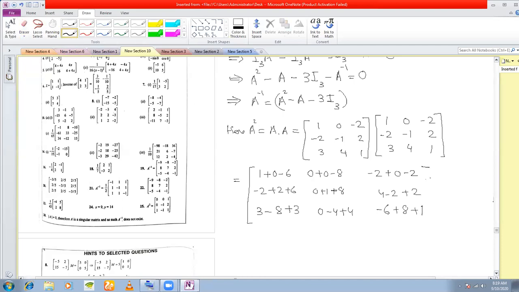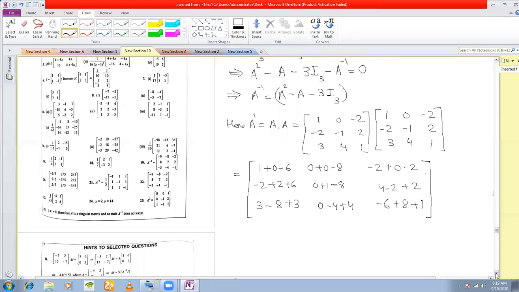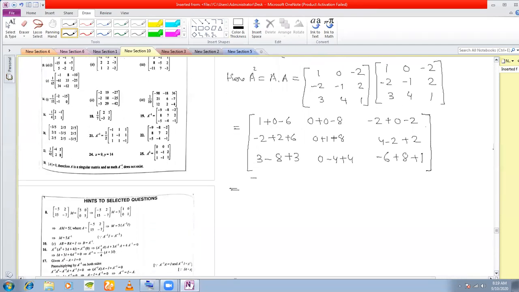So 1 minus 6 is minus 5, this is minus 8, this is minus 4. 8 minus 2 is 6, this is 9, 6 minus 2 is 4. 6 minus 8 is minus 2, this is 0, and this is 7 minus 6, 1. So A square we have found out.